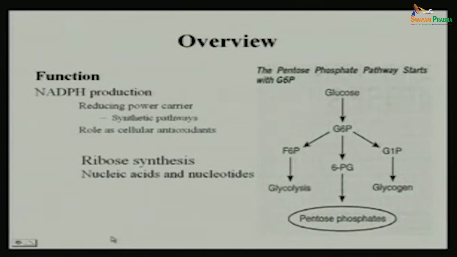Now, as I have already told you, NADPH generation is there in this particular pathway. What is the importance of NADPH? If we see the function of NADPH, we can find that NADPH is acting as the reducing power carrier.